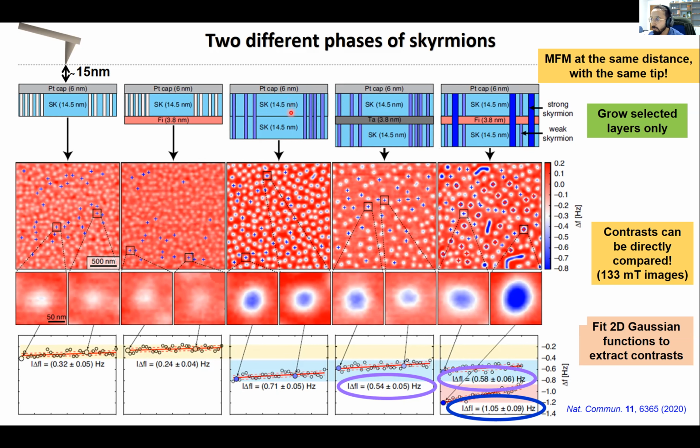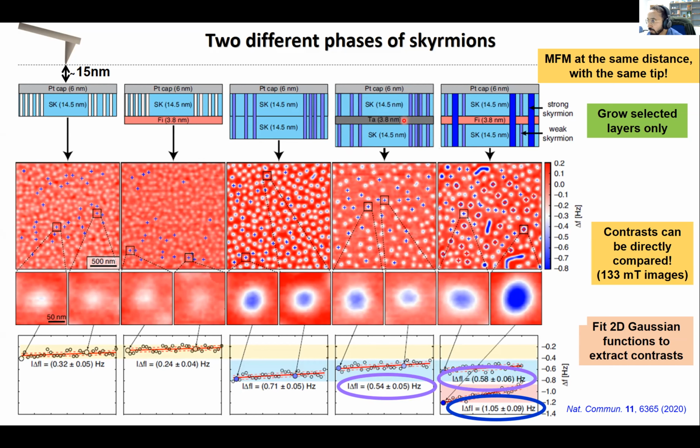Next, when we combine these two together, we have 10 repetitions instead of 5. So instead of 5 repetitions of the skyrmionic layer, that is the iron, cobalt, platinum, iridium multilayer, now it is repeated 10 times, and you can see that the intensity kind of doubles, and we now see 0.71. This is the MFM contrast. Which makes sense because the magnetic volume, or the skyrmionic volume, is increasing.